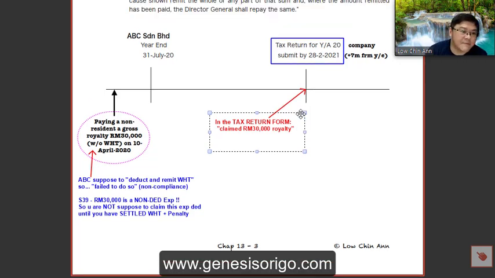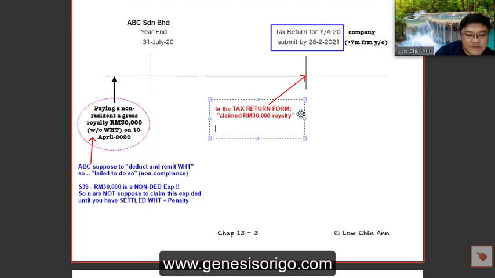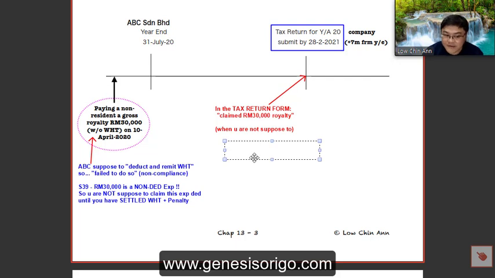Now what happens if you have claimed the 30,000 royalty when you are not supposed to? This is the problem, you see. So let's see, if you claim and if you don't claim, what will the amount be in terms of your taxes? I'm just going to give you an example of a figure.